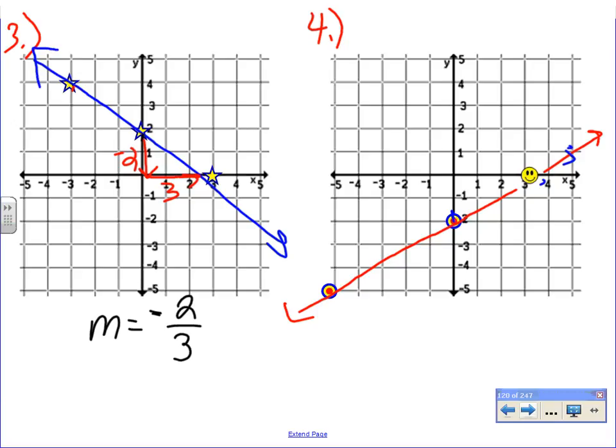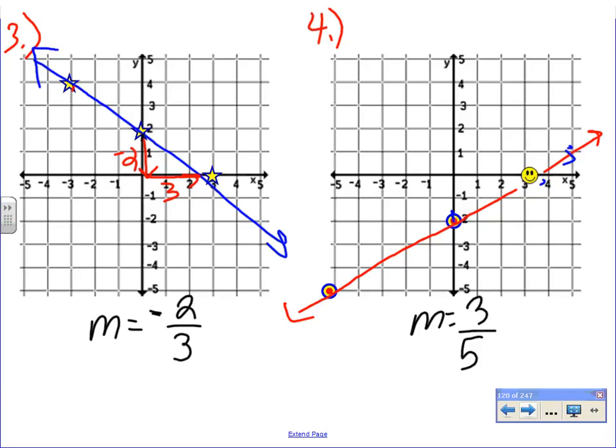Yes, number 5 will be tricky. Okay, you can tell me 4. What's the slope of 4? Kevin. M equals 3 over 5. Yeah, m equals 3 over 5.